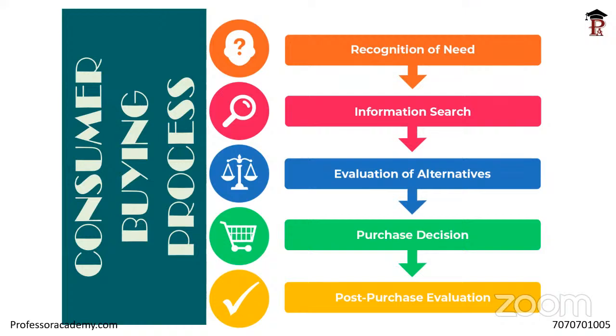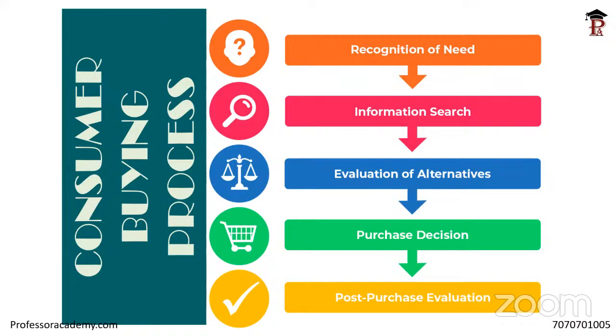Then we evaluate for the alternatives, as in, is there anything which we can buy at a lower price? Okay, we evaluate the alternatives. Like in this shop, it is for that price. In that shop, it is for that price. We'll evaluate between them, and then we make a purchase decision. Like, I want to buy this from the particular shop or particular site.